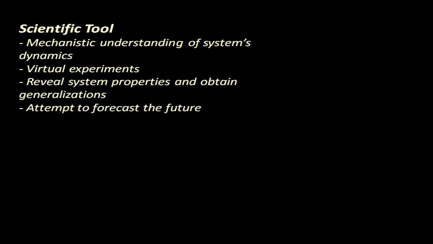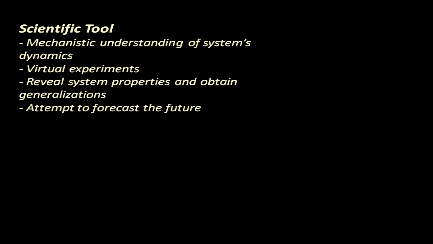So if you have in situ experiments or in vitro experiments, you also now have the capacity for in silico experiments. Models can reveal system properties and obtain generalizations, and one of their strengths and possibly things to be also wary about is that models can help to potentially forecast what will happen in the future for that system.